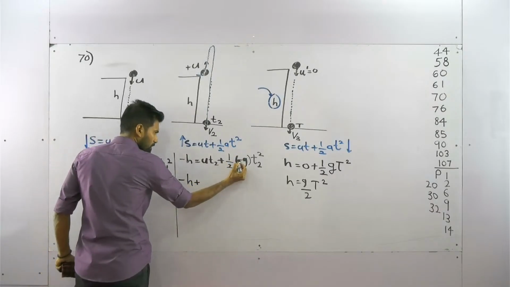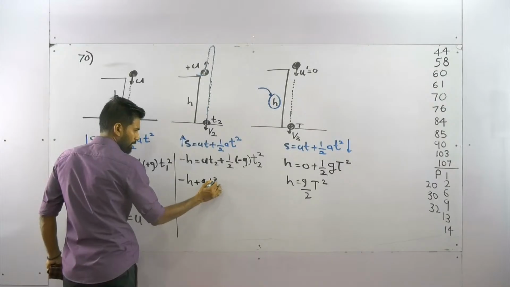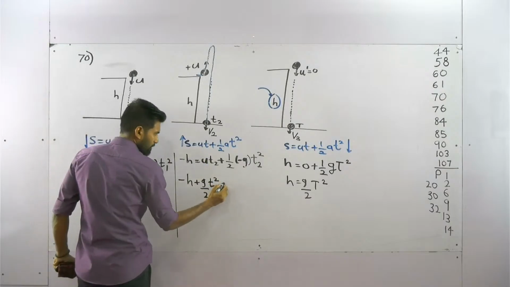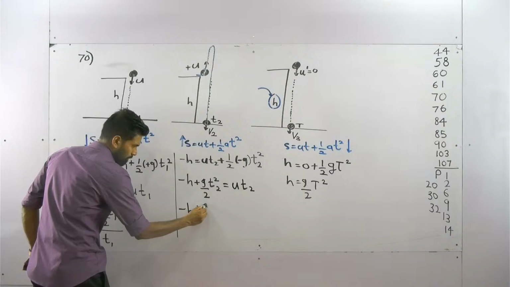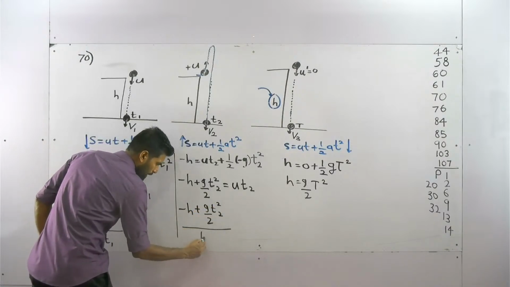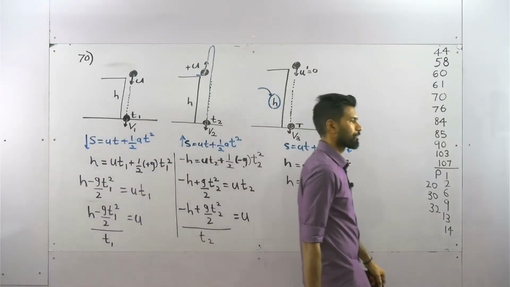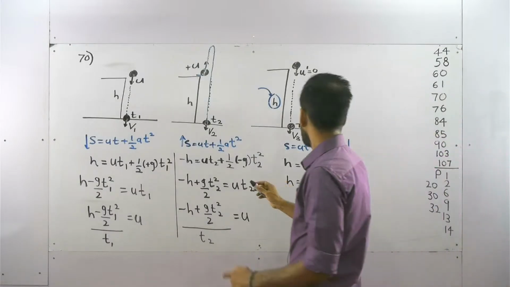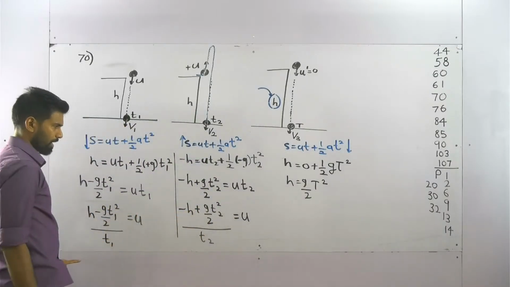So this minus mark will become plus g over 2 t2 square minus h, which is equal to ut2. Then minus h plus g over 2 t2 square over t2 will be the answer for u. Now you have two answers for u. It's the same velocity. Now you can equate these two terms that you got for u and eliminate u.